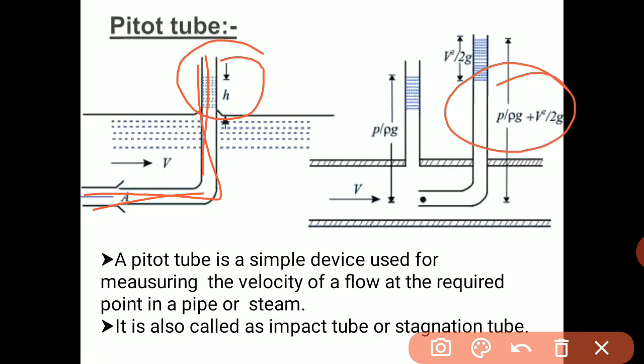Okay, so we have studied the manometers. So manometer concept we can directly apply here for measuring the height, and that height will get converted into the velocity, and we will get the velocity with the help of pitot tube.